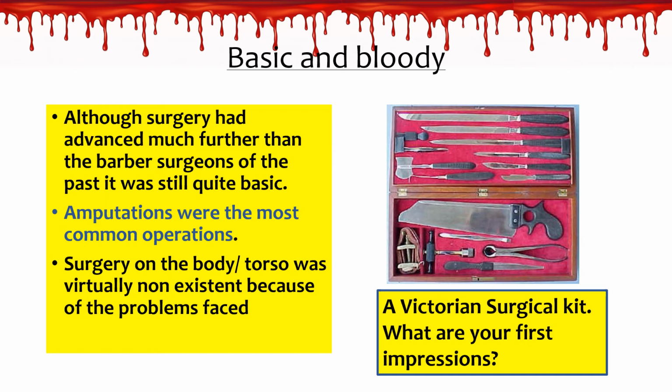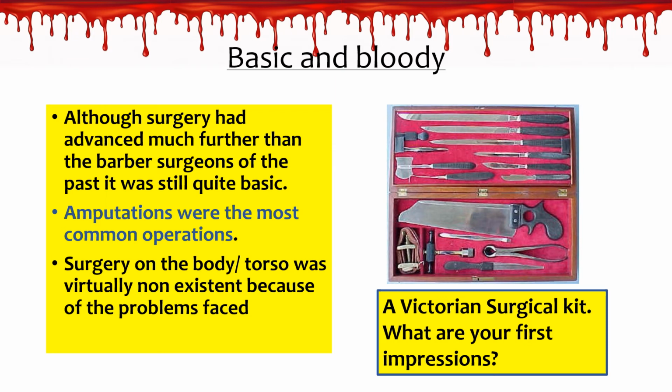Now on this particular slide, what you can see is a picture of a Victorian surgical kit. So this is what people would have used during this period for doing operations. Just have a look at that and think about what your impressions are. Would you want to go into an operating theatre?